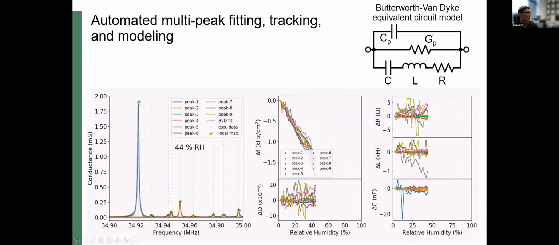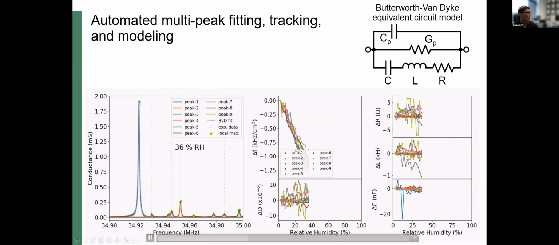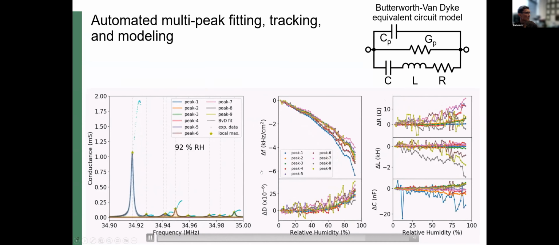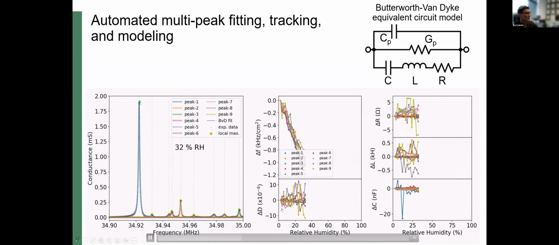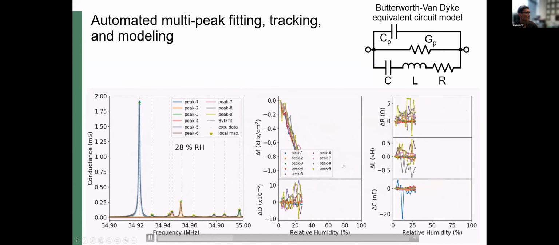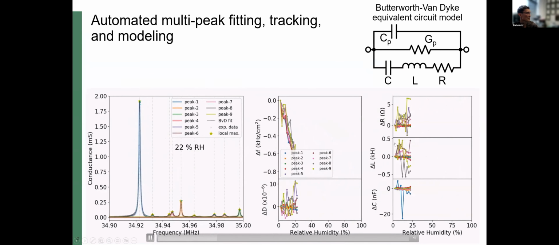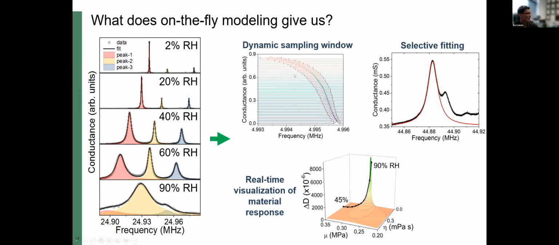One of them is the Butterworth-Van Dyke equivalent circuit model of the film response, and not only monitor delta F and delta D, the changing frequency and changing dissipation of the peak, which describes the properties of the material, but you can also deconvolute this response into the elements of the circuit while you're doing these experiments. Changing the environment results not only in the broadening of peak shifts, but in the appearance of additional peaks from neighboring overtones that you have not seen before.